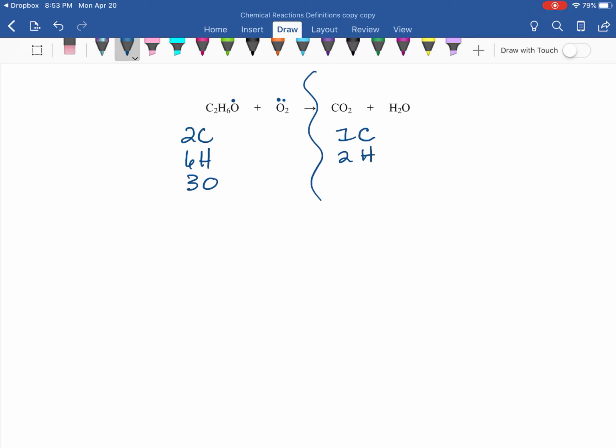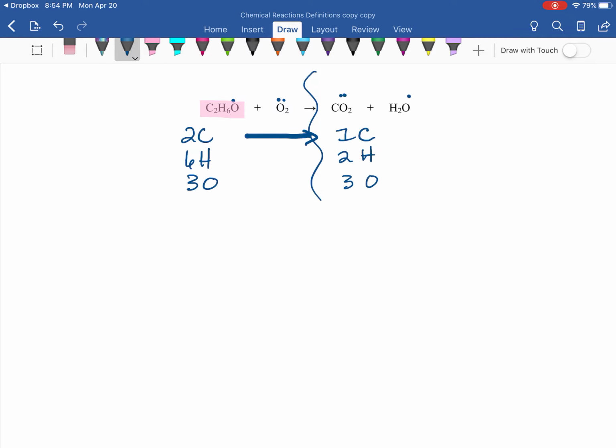Okay. All right, let's spell out the other side. We've got 1 carbon. We've got 2 hydrogens. And how many oxygens? 1, 2, 3. Okay. Well, that's not bad. That seems pretty reasonable. All right, right away, let's start with the most complicated formula. That's our booze. That's ethanol.